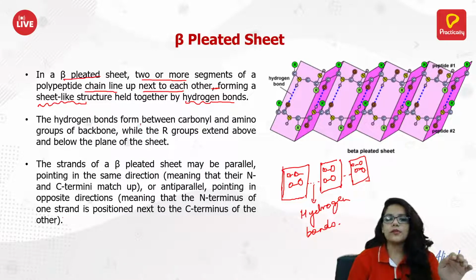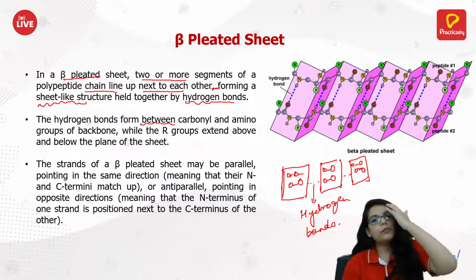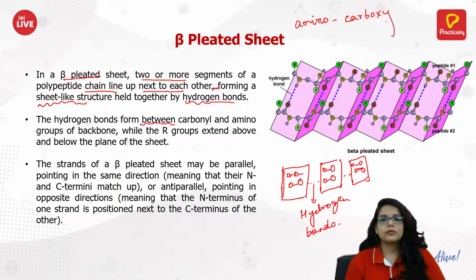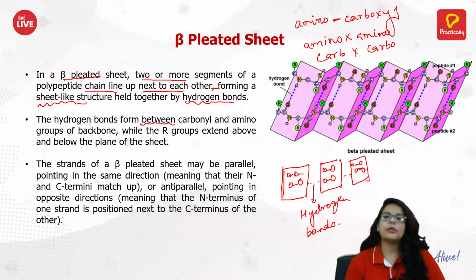The hydrogen bonds form between, of course, the bond will never be amino-amino, or carboxyl-carboxyl. It will always be amino with carboxyl.